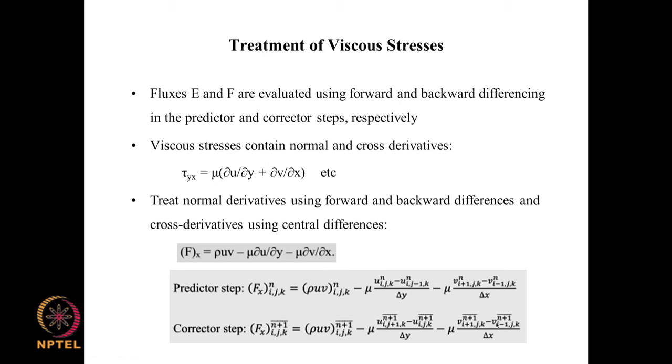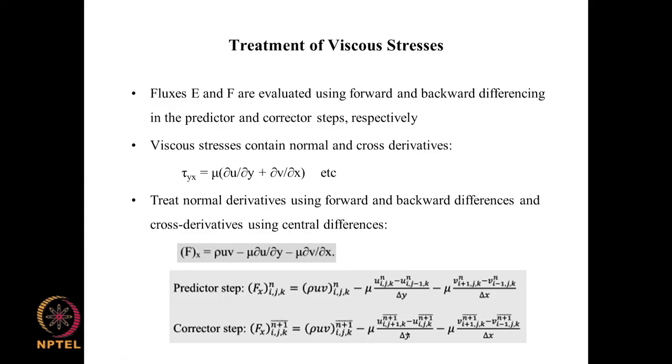So, it is i plus 1, i minus 1, making it central here and central here, whereas this term, which in the f term is dou square u by dou y square, is a normal term, and is evaluated as j minus j minus 1. So, it is a backward differencing, and here it is forward differencing, j plus 1 minus j.